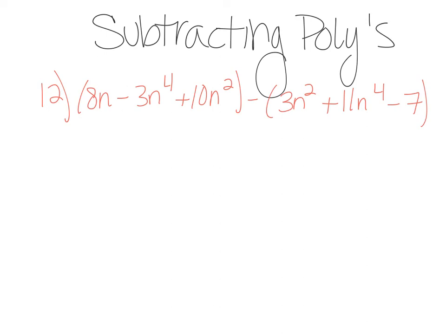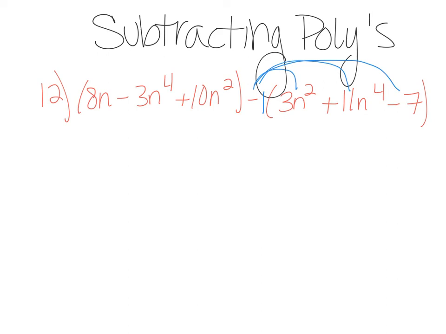I want to take this negative sign, which is really like a negative 1, and distribute that to all my terms. Now if you're really sharp, then mentally you can just think about subtracting each of them. But oftentimes small mistakes occur, so to try and alleviate those small errors, I want to just distribute through that subtraction. So that's the only difference between adding and subtracting polynomials.